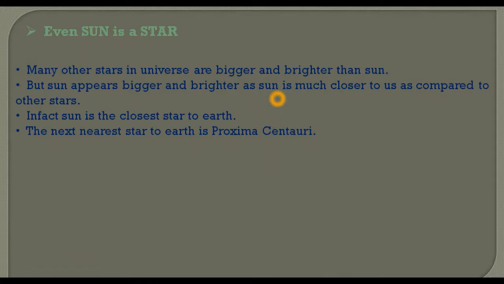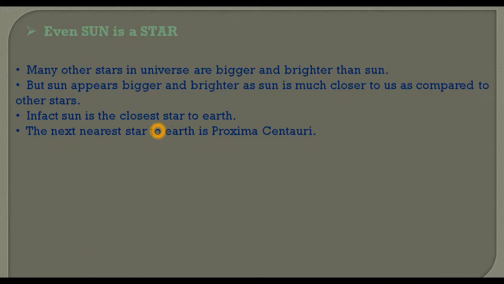But the sun is a star, and it is the closest star to the earth, and it looks much bigger and brighter because it is much nearer to us than any other star. Although many other stars are bigger and brighter than the sun, they look small and faint because they are very far from earth as compared to the sun.